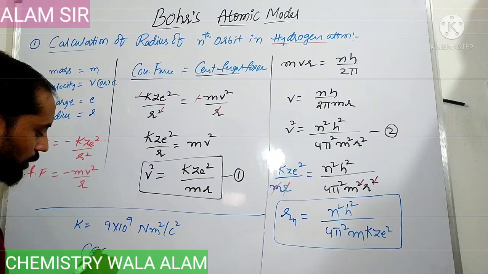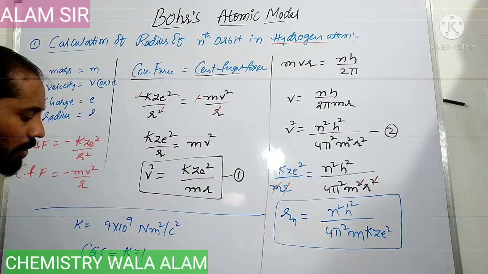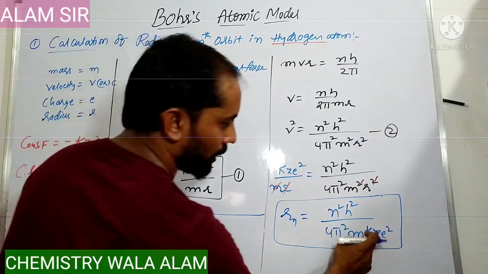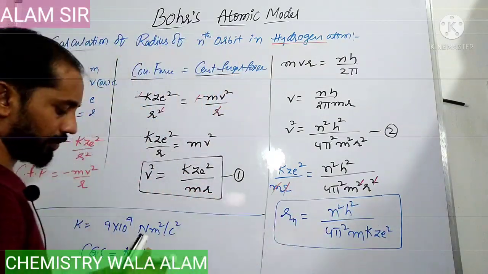In the CGS unit, the k value is taken as 1, and for hydrogen, Z is the atomic number.